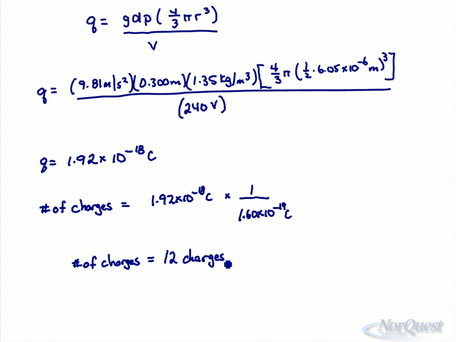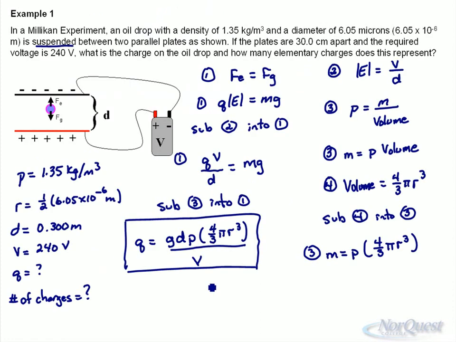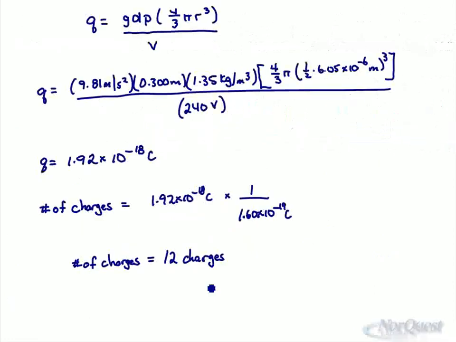If you go back to your picture, notice the top plate being negative. So to have an electric force upward, that means that this thing would have had to have been positively charged. So this is positively charged.